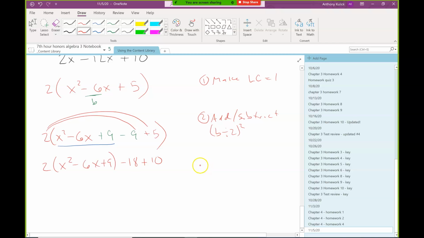Now we can factor. So x squared minus 6x plus 9 is going to factor to x plus b divided by 2, which is negative 3 squared.